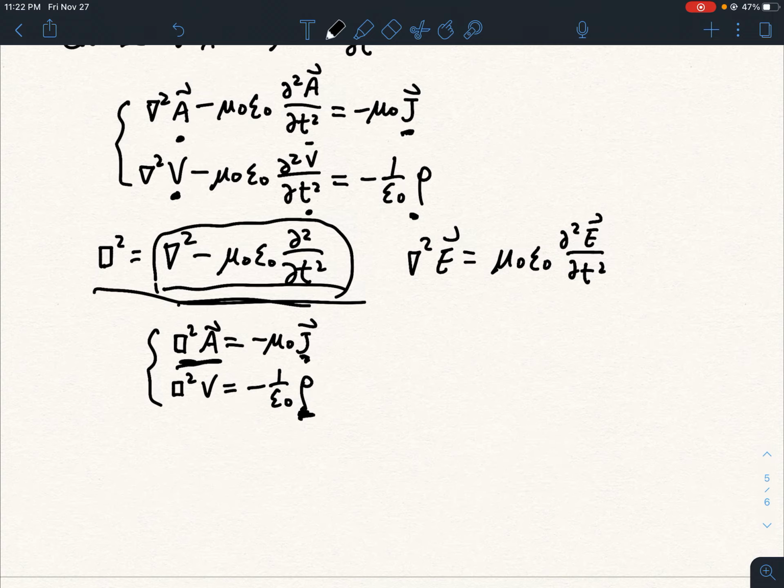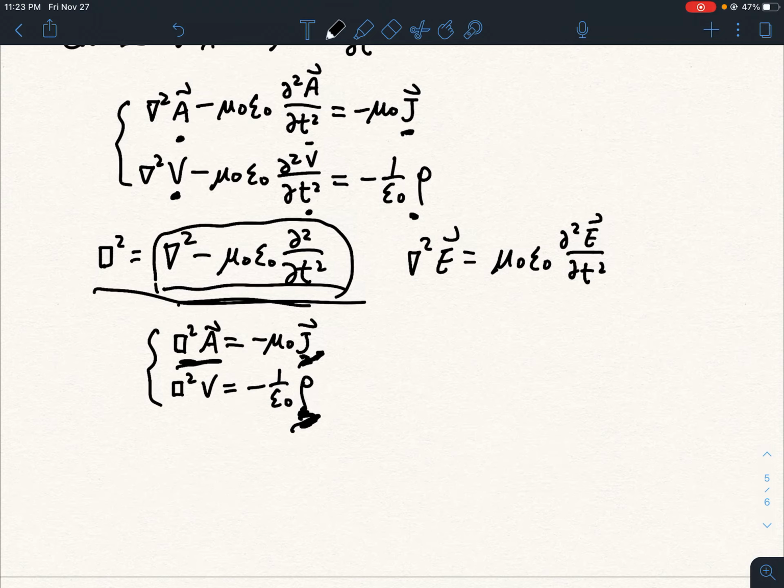This J and rho indicate a source, like a wave source that creates A and creates V. And you can see that the whole of electrodynamics is now reduced to the problem of solving this inhomogeneous wave equation for a specified source, either for the current or for the charge.